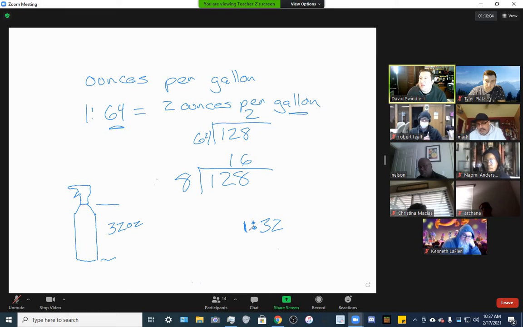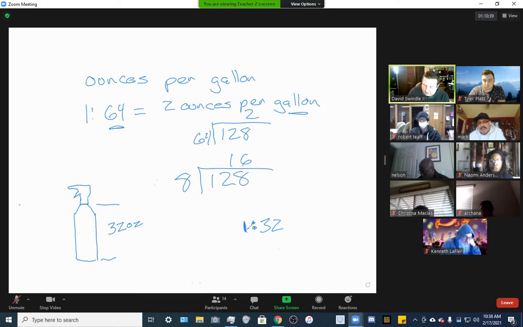Can we fit 1 ounce into this bottle if we fill it all the way up with water? No. Why not? Because it's 32 ounces and you're adding more to it. It overflows, right? So the problem is our chemical has a dilution rate of 1 to 32, and my bottle's filled with 32. So that means I have to reduce it. Therein lies the challenge of how to figure that out.